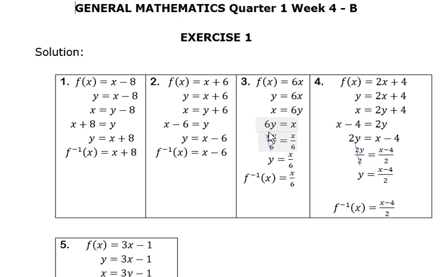In this case, we have 6y equals x, and dividing both sides of the equation by 6, we have 6y over 6 is equal to x over 6. Finally, y equals x over 6, and f inverse of x equals x over 6.